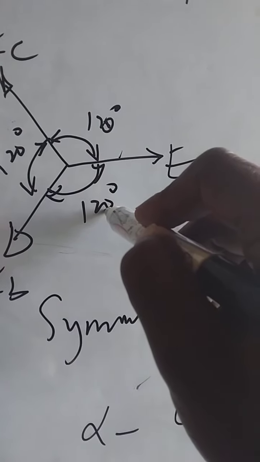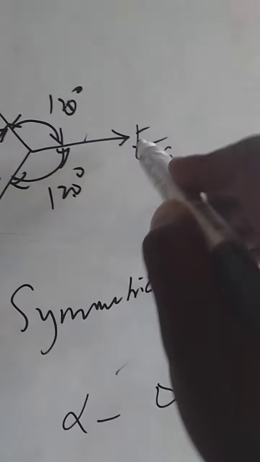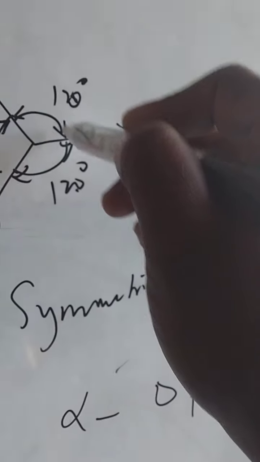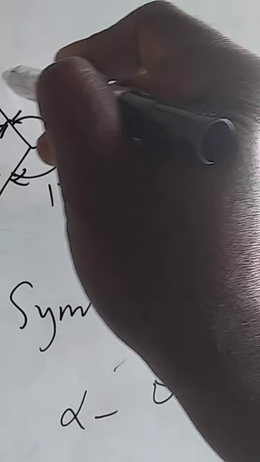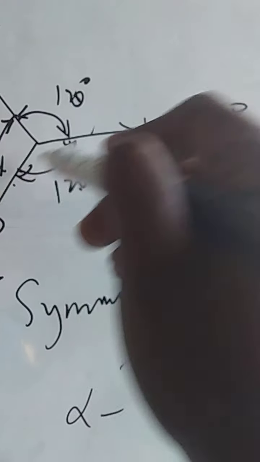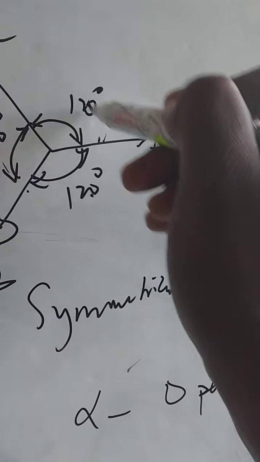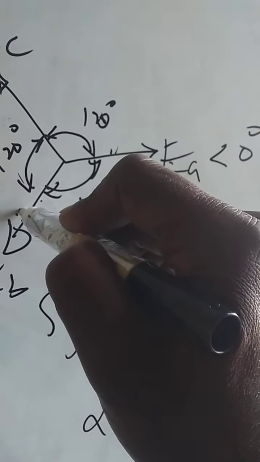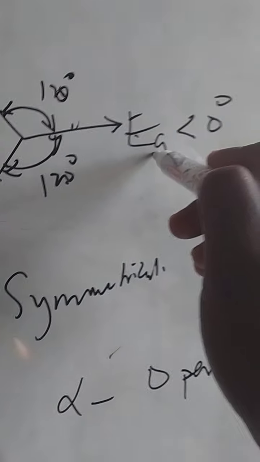So for example, if we consider this particular phasor representation, our EA is at angle 0 degree. So EB, for example, if it goes anticlockwise from this to this, EB has advanced 240 degrees with respect to EA.